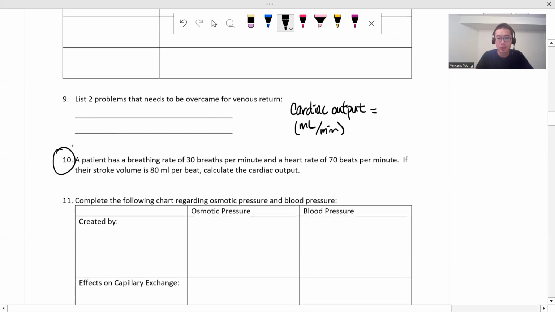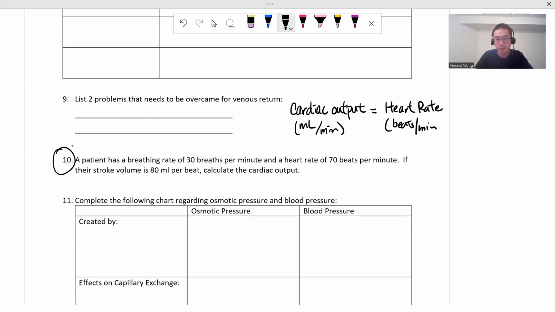And that equals the heart rate, which is beats per minute, multiplied by the stroke volume. Stroke volume is the volume of blood that comes out of the heart when it's squeezed. Every time it beats, how much blood comes out.